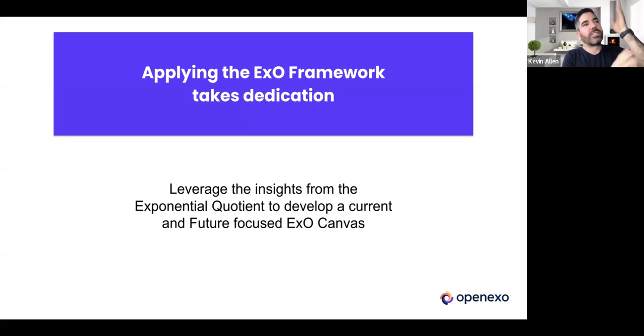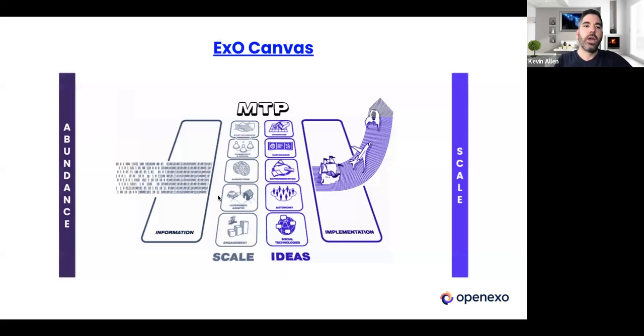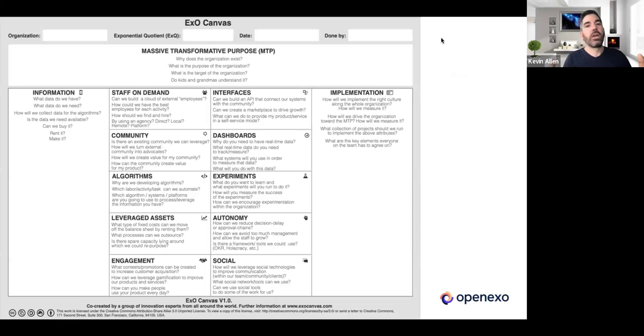Okay, so you've come to a realization that we are strong on MTP, but we're weak here, we're mediocre here, and that then allows you, on the EXO Canvas, to look at mapping out your organization now and where you want your organization to go.